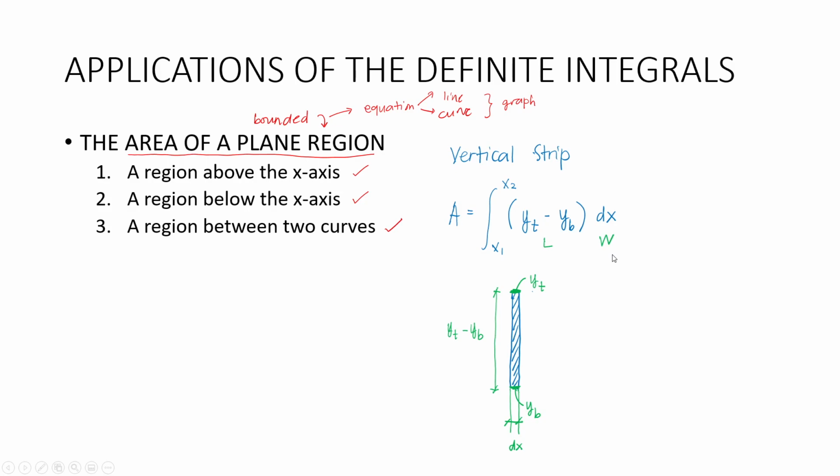Since it's a summation of multiple rectangles, you express it in integral form and sum it up from x1 going to x2.